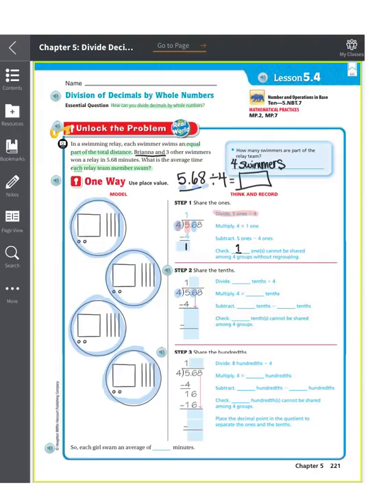So we're dividing 6 tenths by 4, so then we need to bring this down.